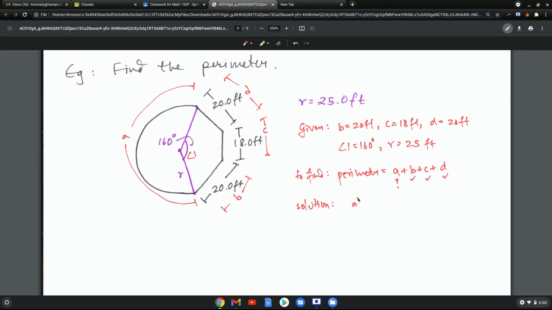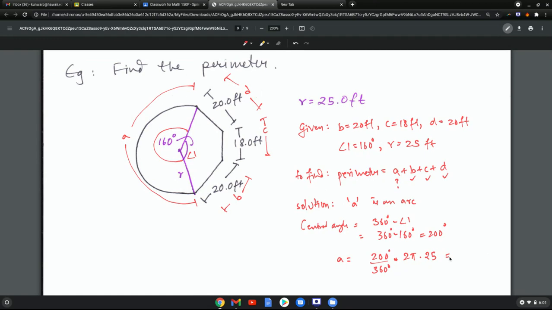Now first of all, A is an arc. And for arc length, I need the central angle. Now this is the central angle, right? So the central angle is going to be 360 degrees minus angle 1, because from the figure, that is 360 minus 160, which is 200 degrees, which means A is 200 degrees over 360 degrees times 2 pi times the radius, which is 25.